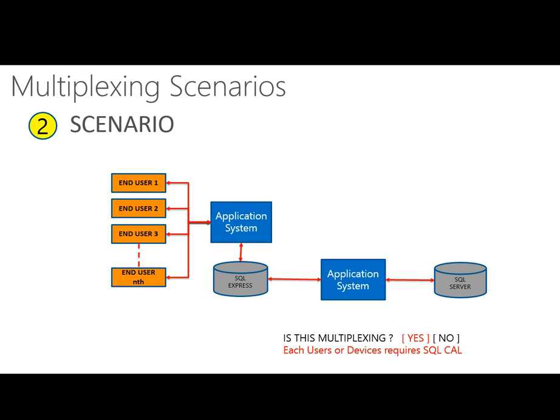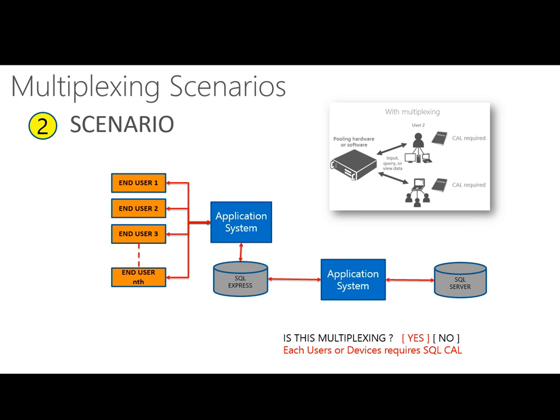Then from SQL Express it goes to an application system, and then the application system goes to the SQL Server. As you can see, the users are not connecting directly to the SQL Server. It passes through almost three applications, right? In this case, it's still multiplexing, and the users need to have an SQL CAL.